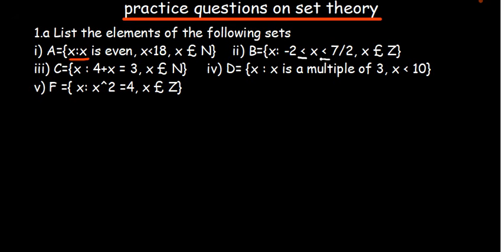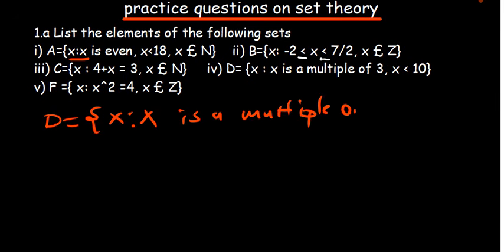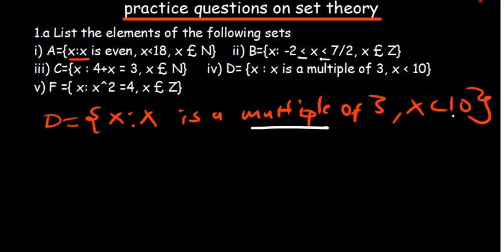Okay, let's move to D. So set D, x is such that x is a multiple of 3, and x is also less than 10. A multiple is basically the opposite of a factor. When you talk about a multiple of 3, you're talking about numbers that are divisible by 3, and these numbers should be less than 10.